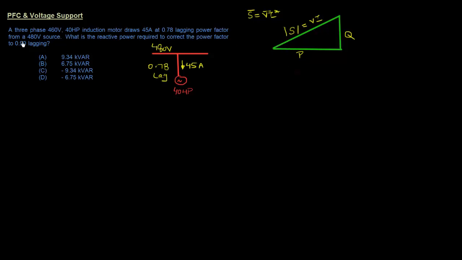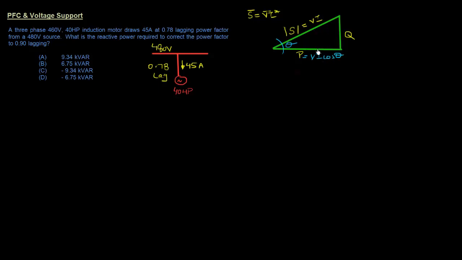Then we have the power factor angle here, theta. Now if this is VI, this is theta. If we go to our trigonometry, what does that say? What is this side going to be? This is going to be S times cos theta, or VI cos theta.